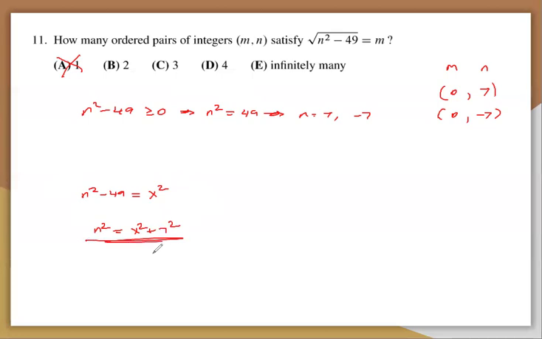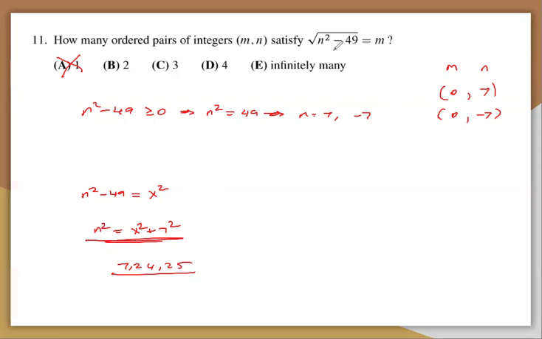And I hope we remember we are looking for integers, so you have the square of something equals the sum of the squares of two other integers, like a Pythagorean triple. And when you have 7, 7, 24, and 25 is one of the most common triples, which means x could be 24 and n could be 25.